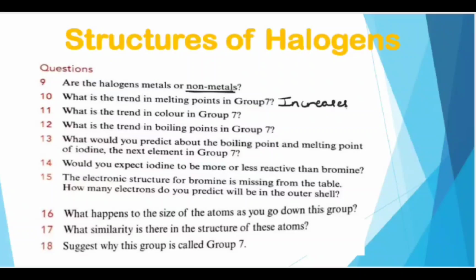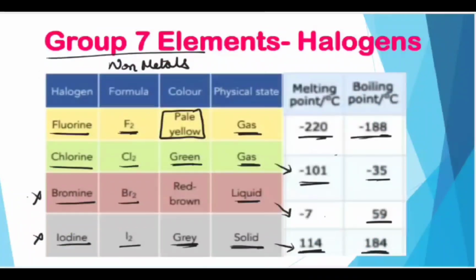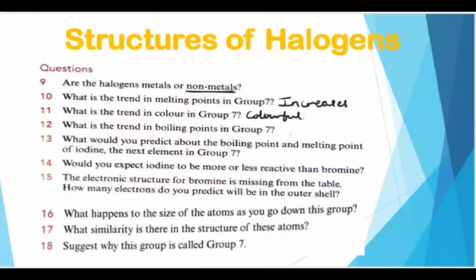Yes, what is the trend in color? They are colorful. Yes. And what is the trend in the boiling point? What is the trend in the boiling point, children? That also increases. What would you predict about the boiling point and melting point of iodine, the next element in group 7?